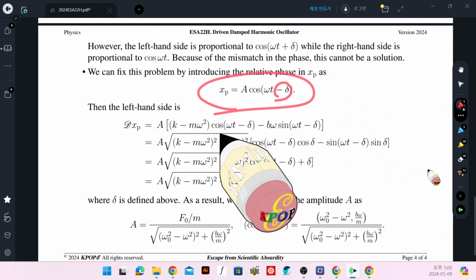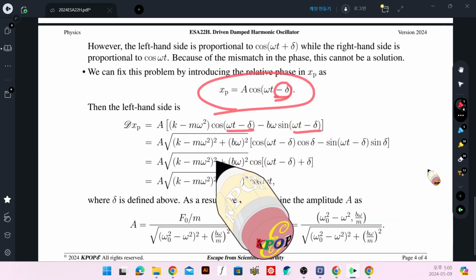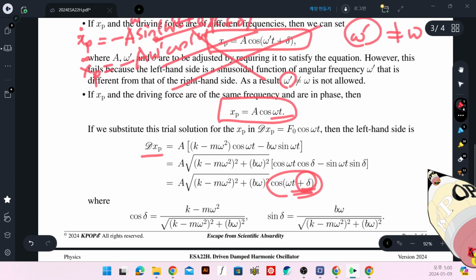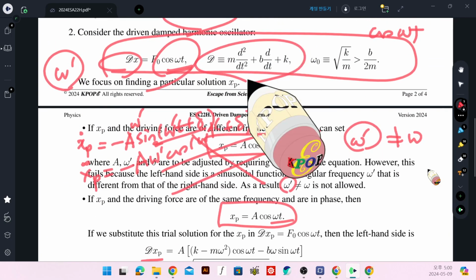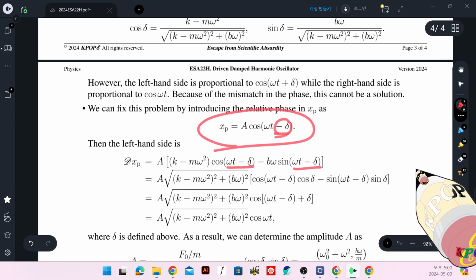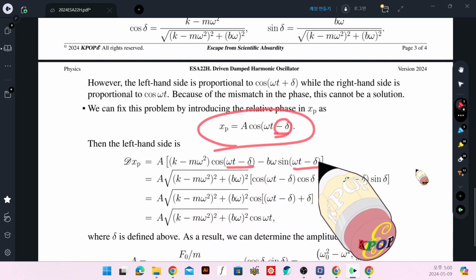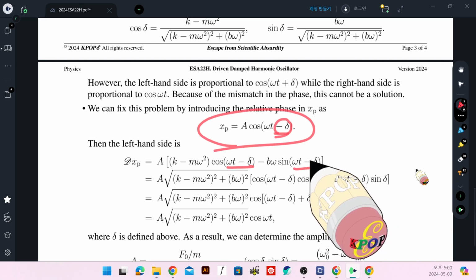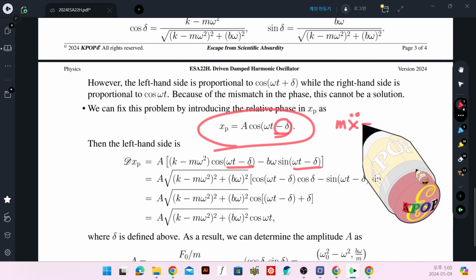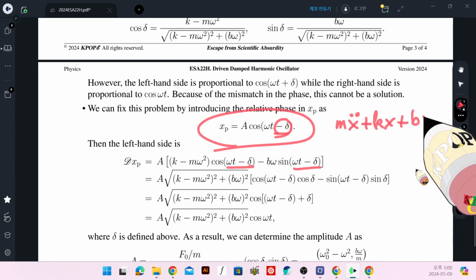Let's see. We have the first order time derivative and the second order time derivative, and substitute everything into the equation. This operator is applied to this. Finally, we obtain a linear combination of cosine and sine. We remember m x double dot plus kx plus bx dot.